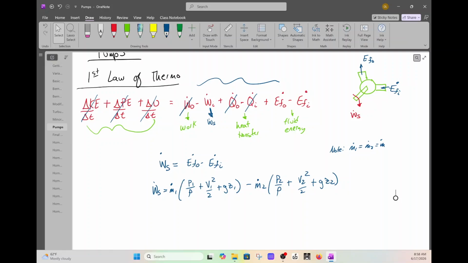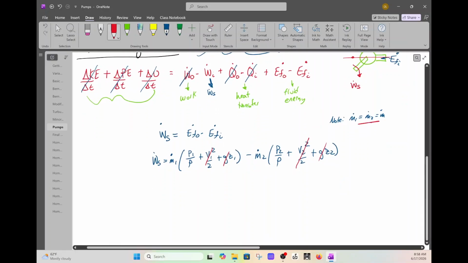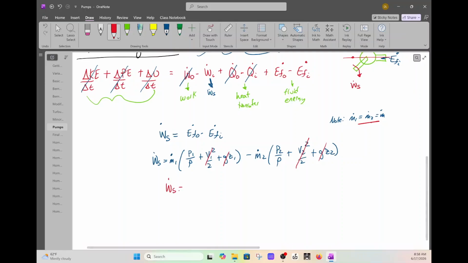We're going to assume that the velocity and there's no elevation change, or the elevation change from here to here, we're going to neglect. So we can take those two, and we're going to call M dot 1 and M dot 2. So what we end up having now is M dot over rho P1 minus P2.